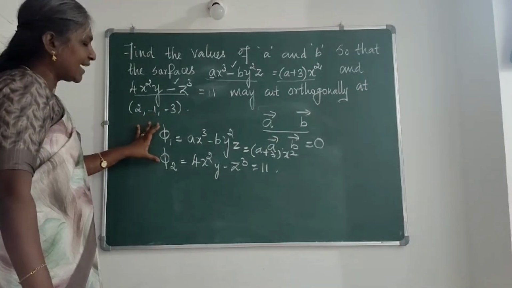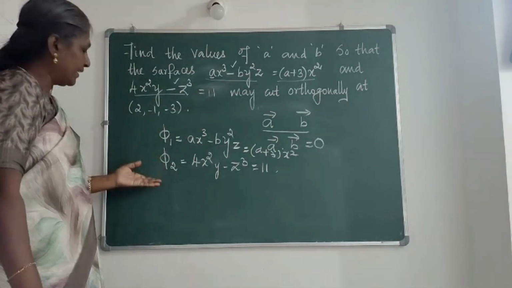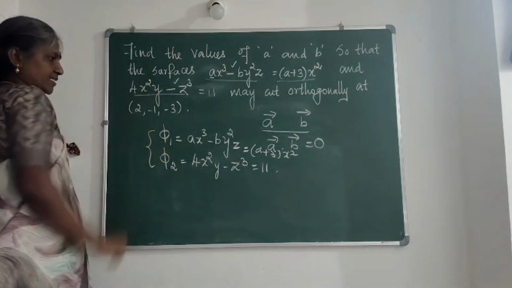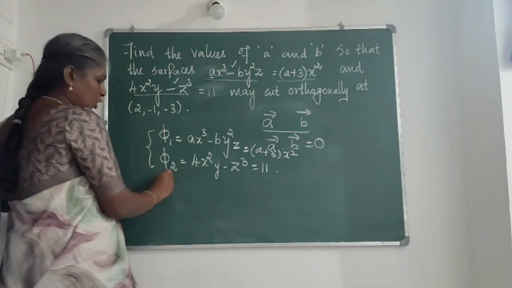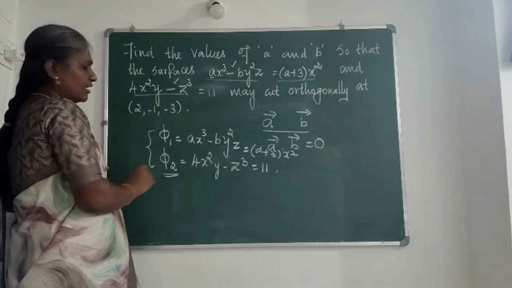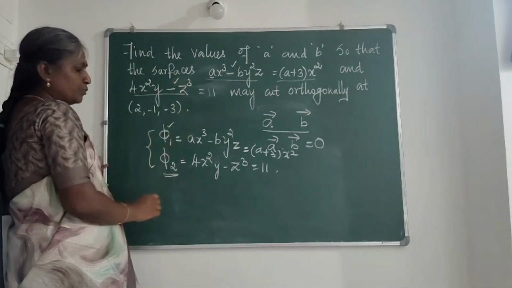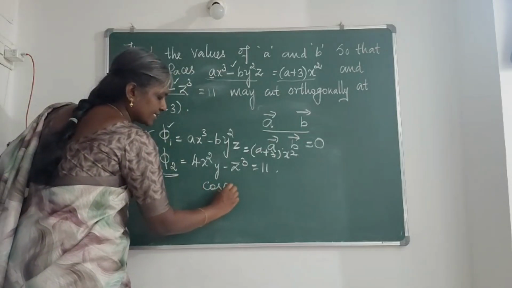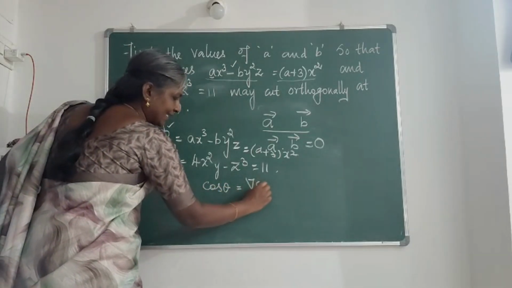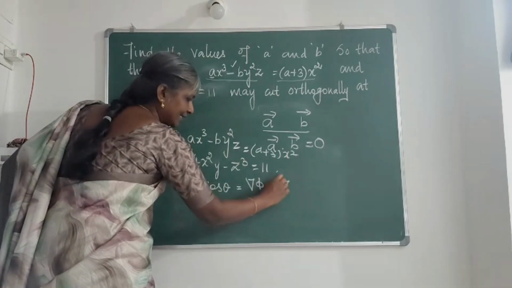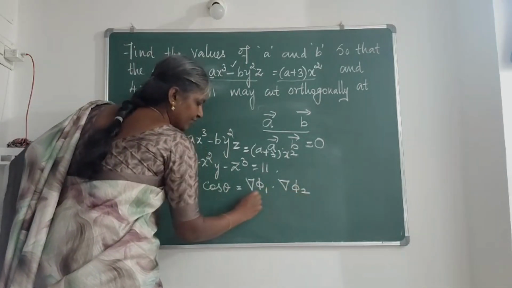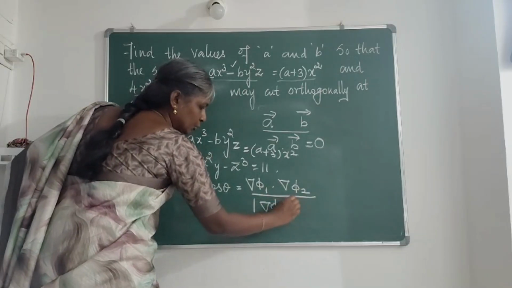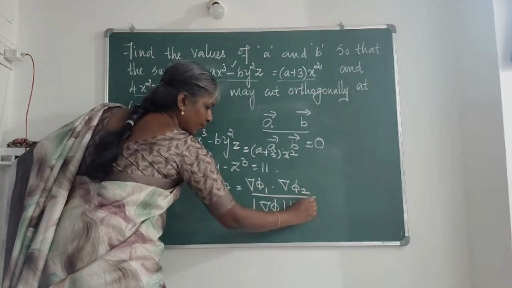Now, what is the condition for finding the angle between these two surfaces? First, we have one formula for finding the angle between two surfaces, that is cos theta is equal to del phi 1 dot del phi 2 divided by modulus of del phi 1 into modulus of del phi 2.